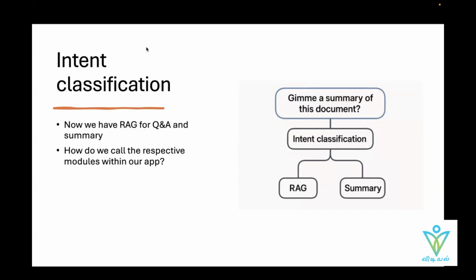They can ask any type of question and it'll give you an answer. But as a developer, these are entirely separate modules that you have to take care of. To give that seamless experience, when a user asks a question, you have to classify that intent and then call the respective modules and produce an answer for the end user. So how do we do intent classification?